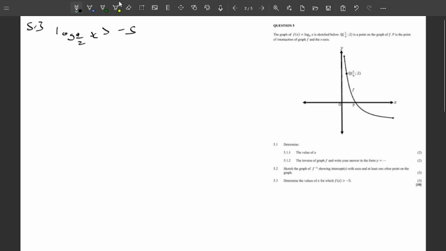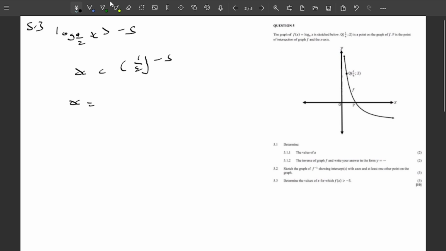Remember that log is the f of x. So you can then start to solve it, and it's going to be x is less than 1 over 2 to the power of -5. Now the reason why it changed is because of the sign, right? That's why this inequality sign changed from greater than to less than.